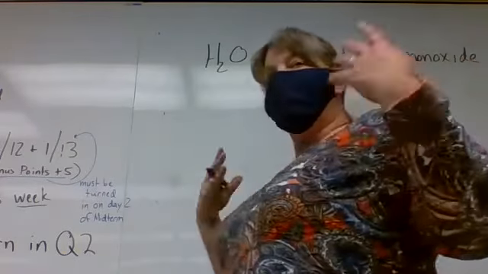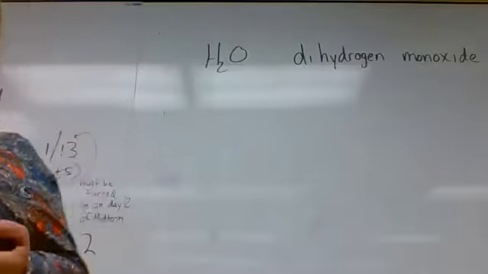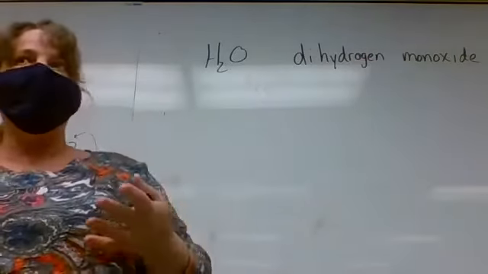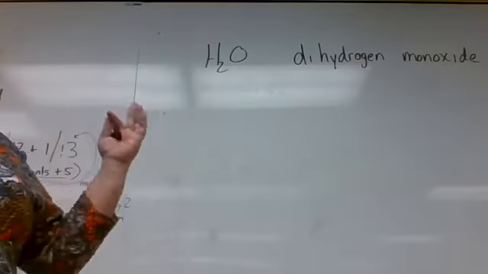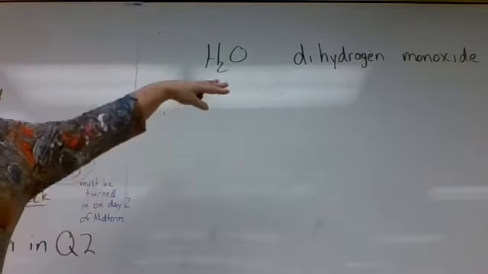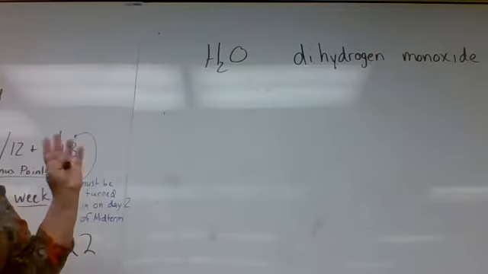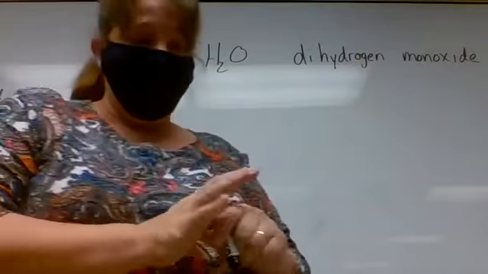Okay, so water is just a common name that we call it, but this is its real name. So there is a language, just like Spanish. We count differently in Spanish, we count differently in science, and we name things differently. So we're going to learn how to name compounds.